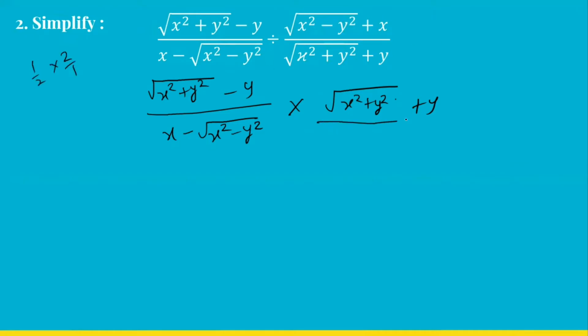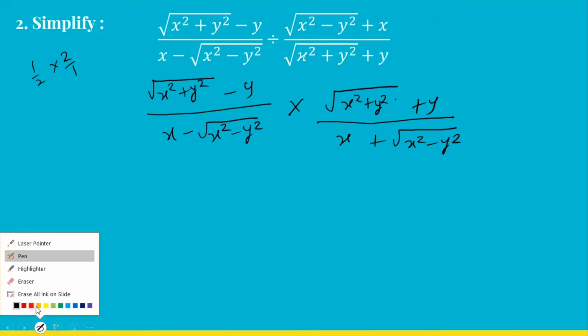Now when we take this down, we will write it as x plus root of x square minus y square, thinking of this as x minus root of x square minus y square. So you get an identity over here. When I rearrange this, I get x plus root of x square minus y square. Now observe this carefully. Which identity are you able to see over here? Look at this numerator and denominator, children.